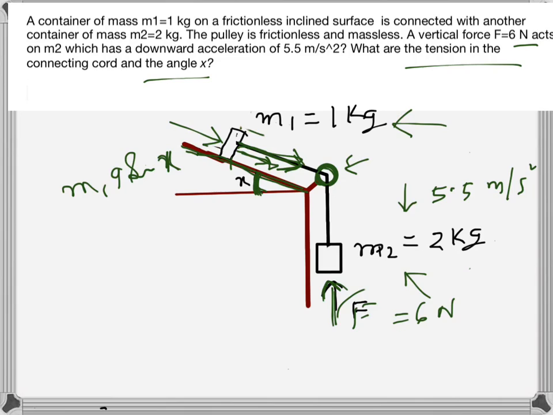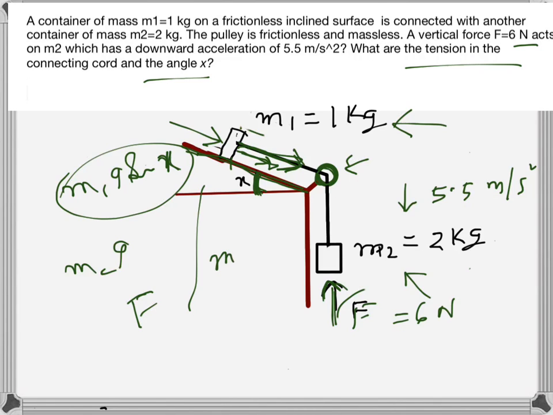So again, if we consider all the forces acting, one is a downward force, component of weight. M2G is downwards force, and then upward force we have F, and as a result we have an acceleration. M1 plus M2, both have same acceleration, of course, that is downwards.